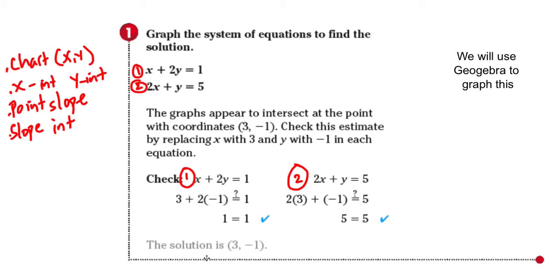So we have verified that the solution to our system of equations is 3 and negative 1, and we used the graphing method. There are other methods that we will learn after this lesson. This is just the first one.